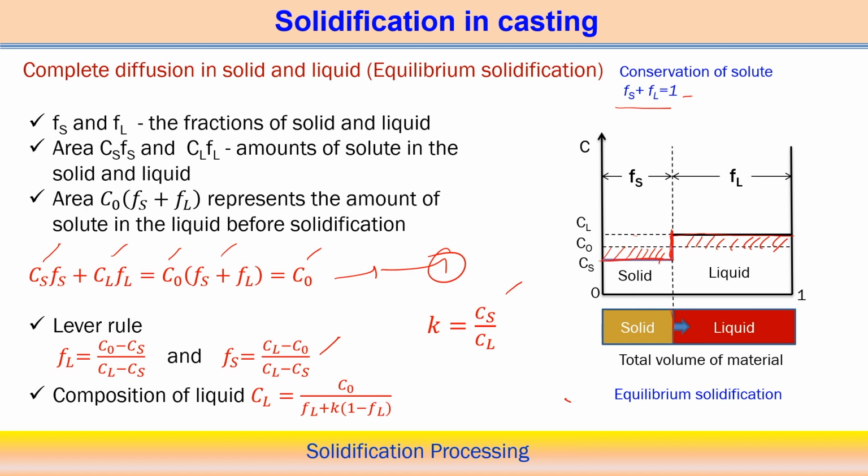But how to apply the lever rule here? We are assuming the composition C0 is the intermediate, here the composition is Cl, and here the composition is Cs, which is less than C0, while Cl is more than C0.